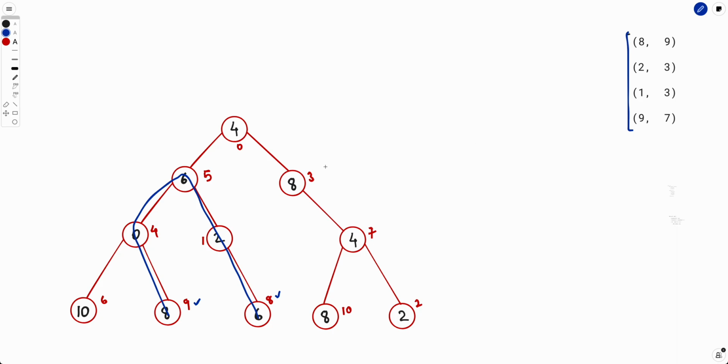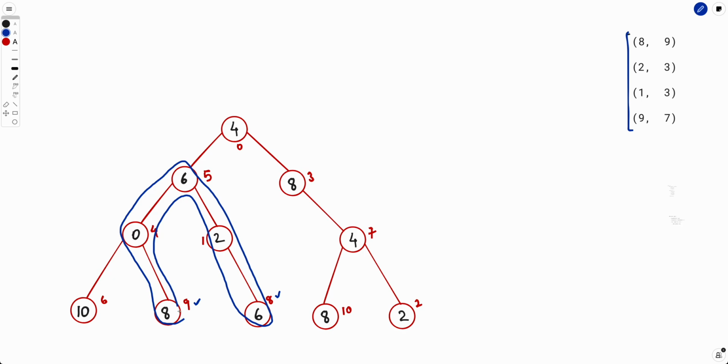Now, what is our problem now? The problem is now we have to find out the path between two nodes u and v, right? How to find the path? Because it is a tree, the path from u to v is unique, and it can be broken down into two pieces, that is, path from u to lca and path from v to lca, where lca is the lowest common ancestor.